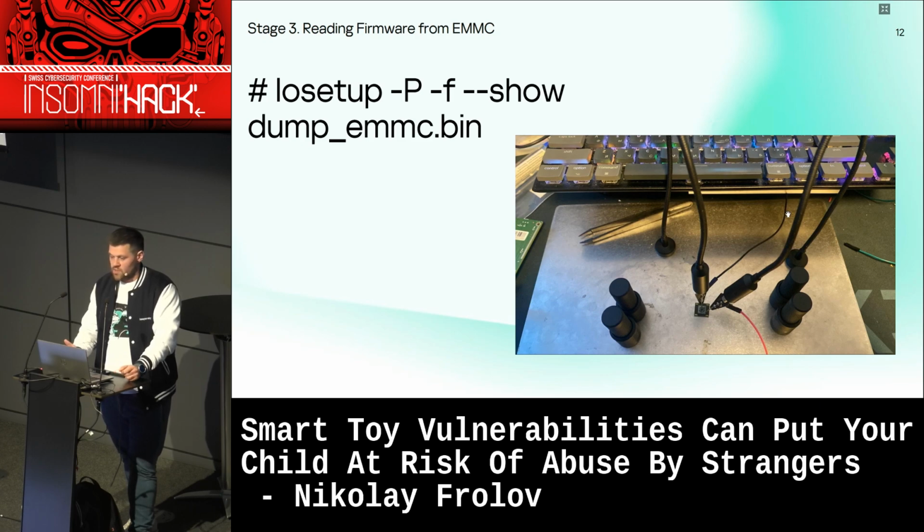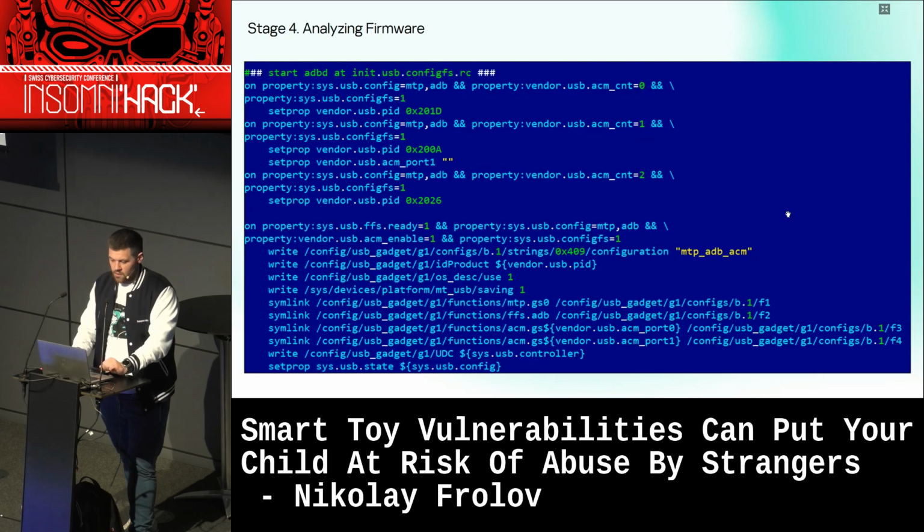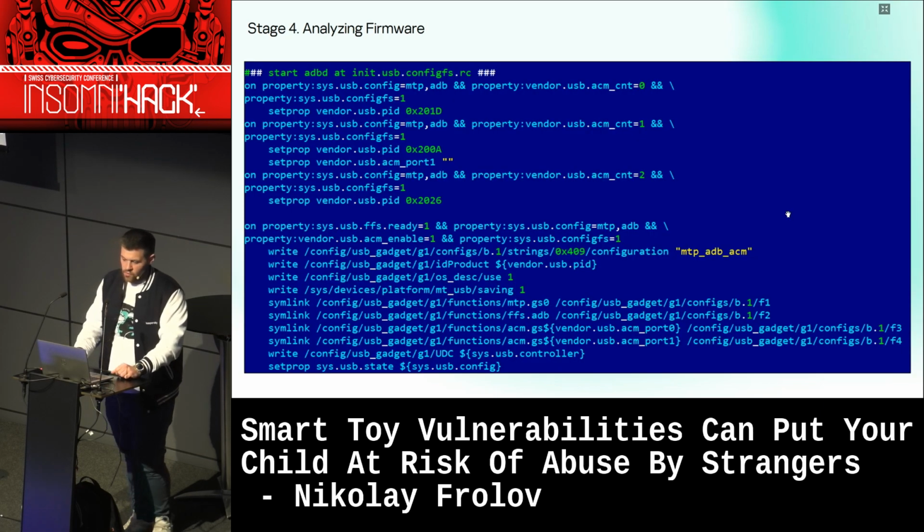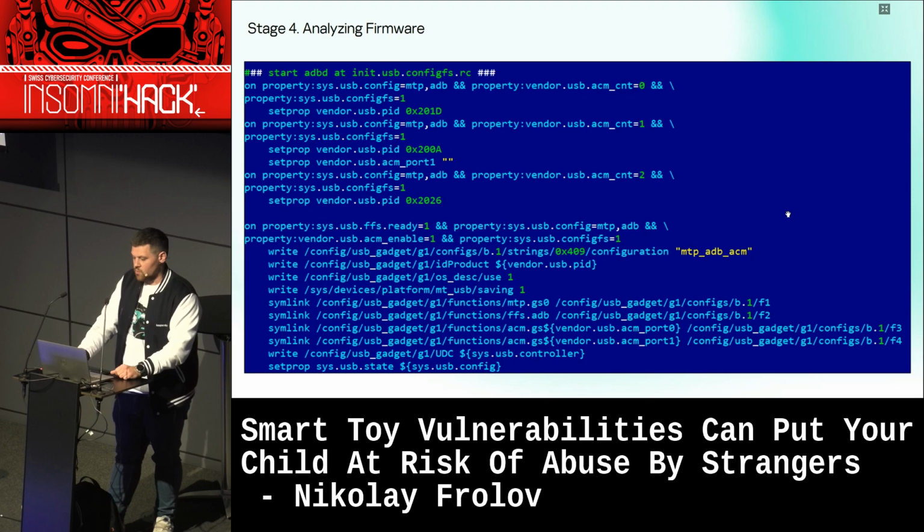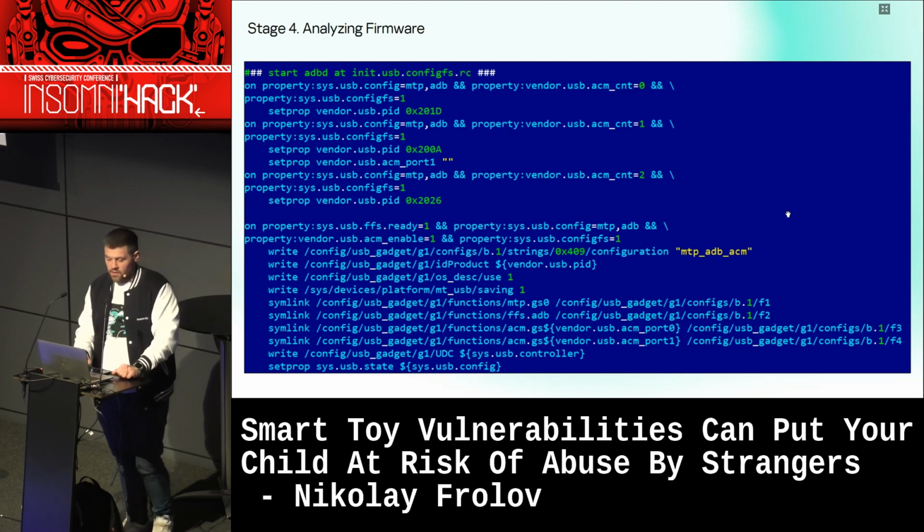Because we saw the USB connector with Android, we started to look for information about it. First of all, we started with the init USB configs, and here we saw something like this: system USB config, MTP, and ADB. We thought that was strange, because when we connect it to a computer, we don't see an ADB device.